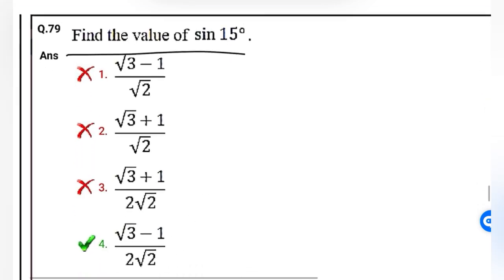Find the value of sine 15 degrees. Let's write sine 15 degrees as sine 45 degrees minus 30 degrees.